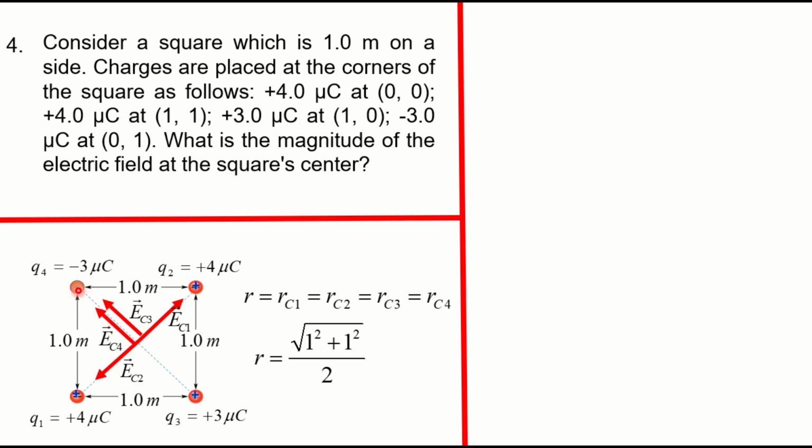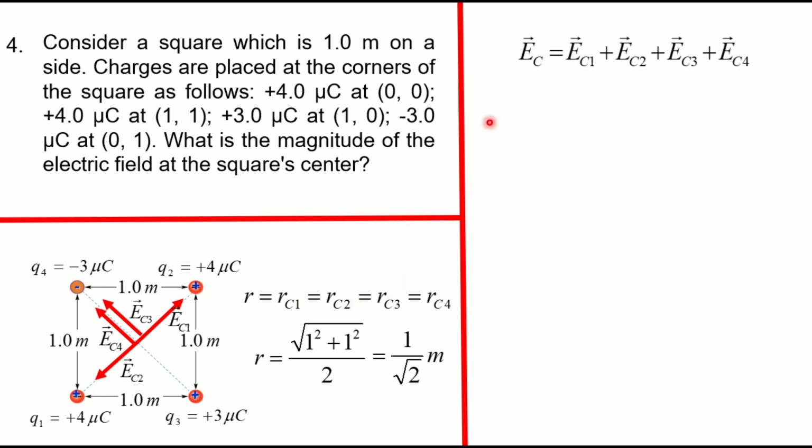I repeat: we get this to be the hypotenuse, but we only want half of it, the distance from the center towards the charge. So we will get R is equal to 1 over square root 2 meter, and R is the same for C1, C2, C3, and C4.